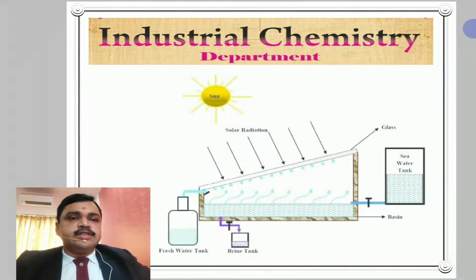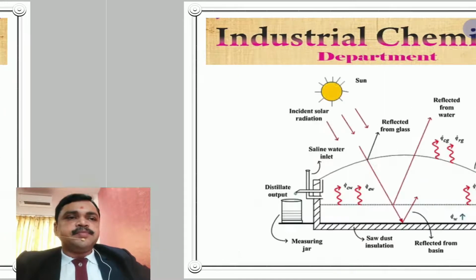See the next figure. This type of distillation process is also used for the continuous process. In this type of distillation process, sea water or salty water is the input and we get fresh water at a normal rate.